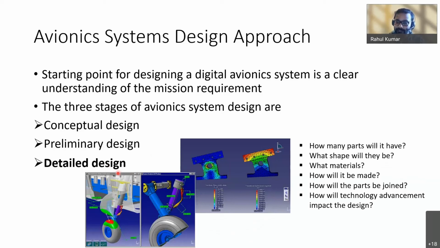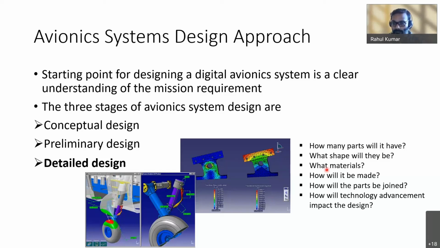In this, generally we develop a simulation model, and in the software we test that model: how many parts it will have, and what materials we could use to fabricate that avionics system.